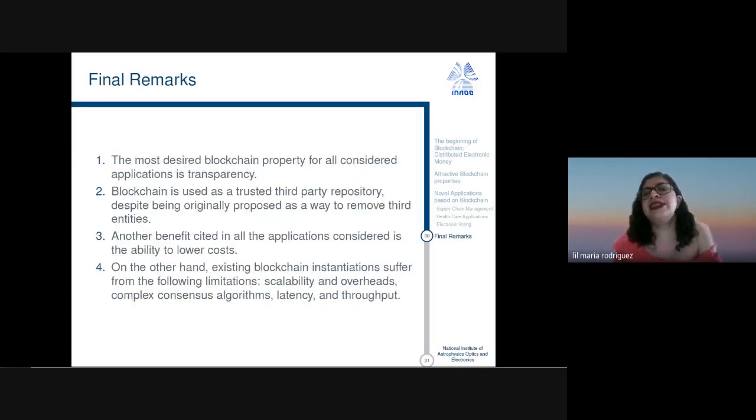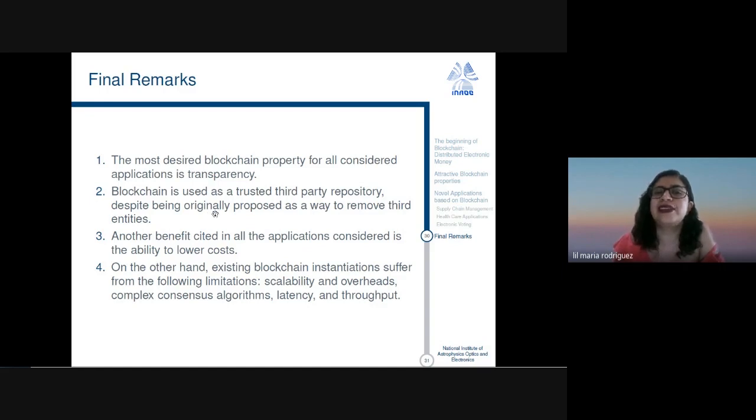So as final remarks, I want to say that the most desired blockchain property for all considered applications is transparency. Blockchain is used as a trusted third-party repository, despite being originally proposed as a way to remove third entities.